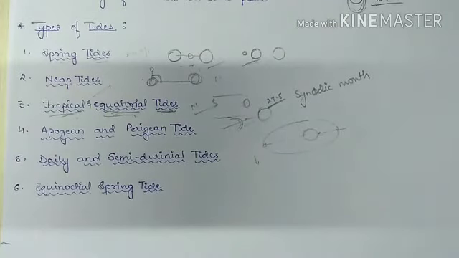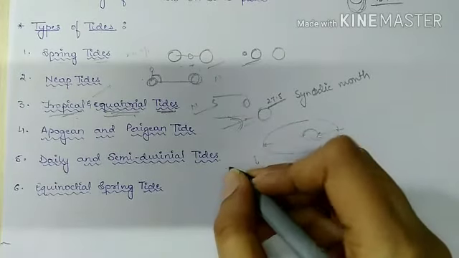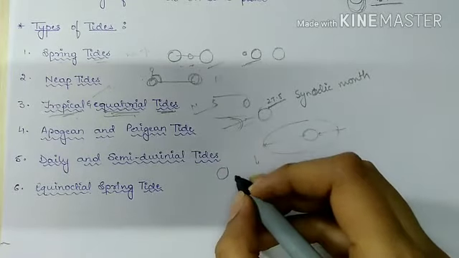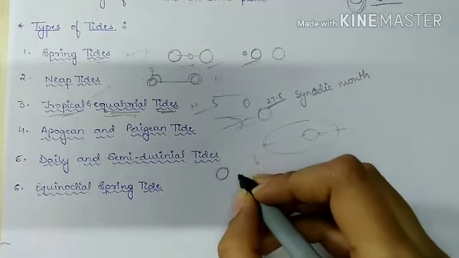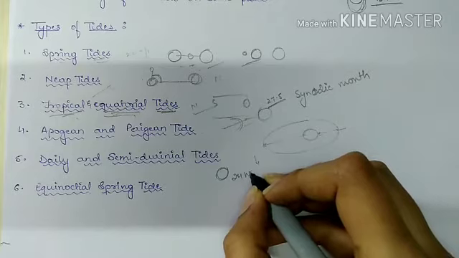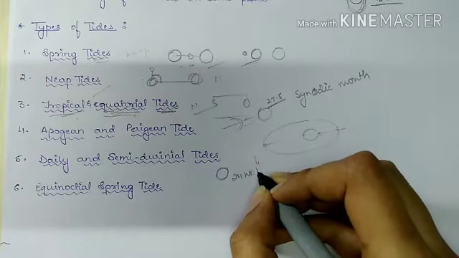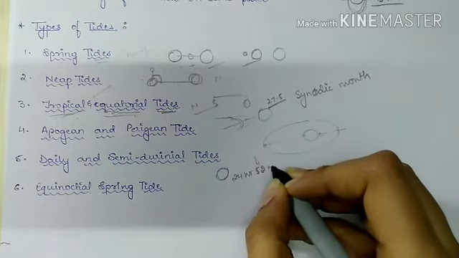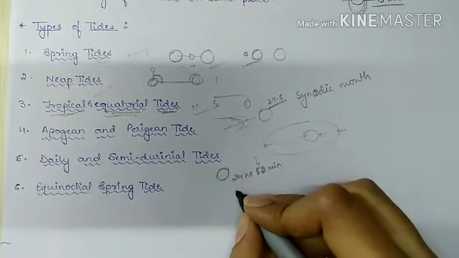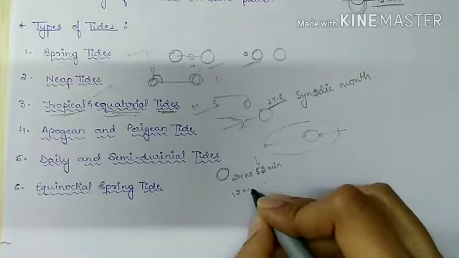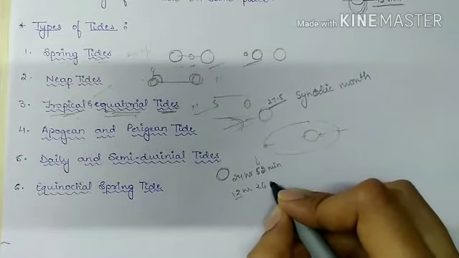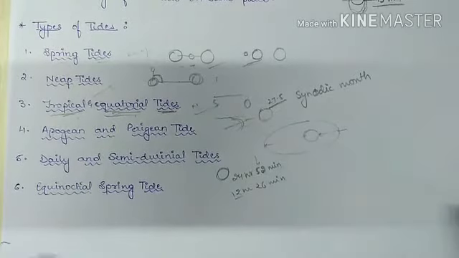So the tides that occur in one day at the same position are known as diurnal tides, and they occur at the time interval of 24 hours and 52 minutes. And then we have the tides that are occurring at the interval of 12 hours and 26 minutes. They are known as semi-diurnal tide.